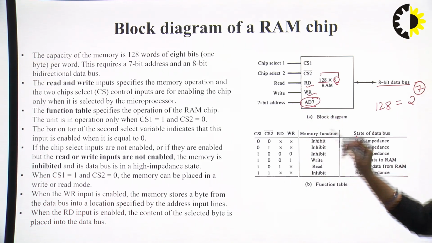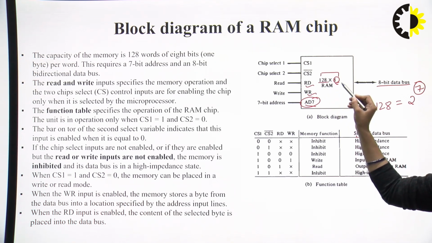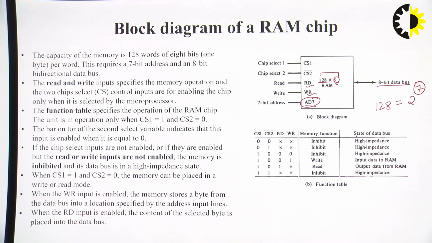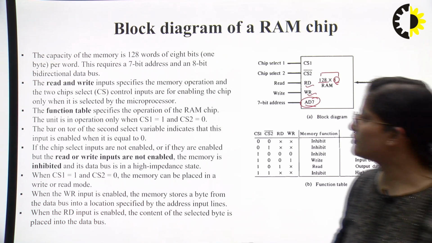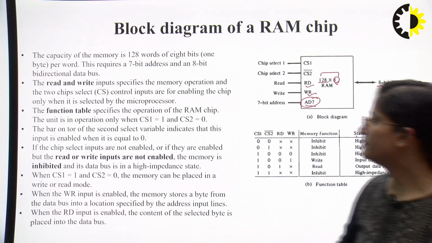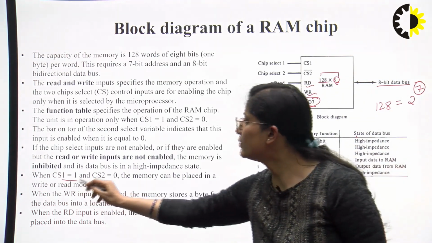Is it clear that it is read, write? Why an 8-bit data bus? And from where we got 7? Then CS1 and CS2 complement. The function table specifies the RAM chip operation.